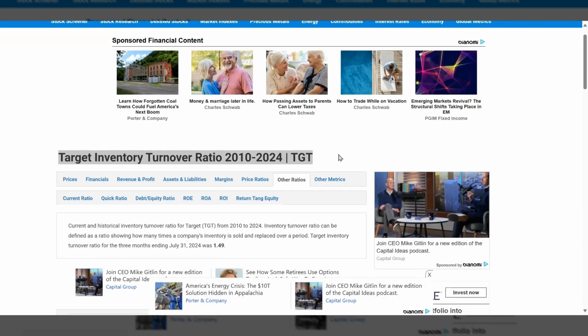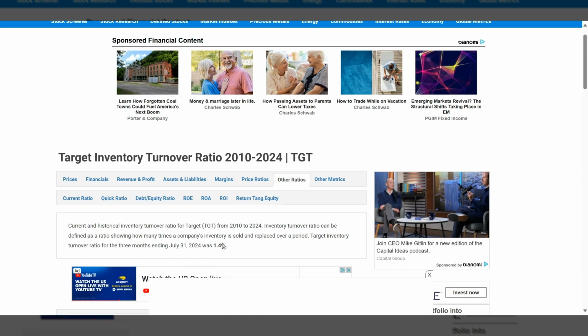So now we're on another website called Macro Trends. And I like to use this website because it gives you a lot of the metrics just straight up and it's easy to find and they're all labeled. So we're going to be looking at Target's inventory turnover ratio, and that is a better representation of this ratio than a company like Apple because Target has more inventory in their stores and on their shelves, and I essentially like this more as an example.